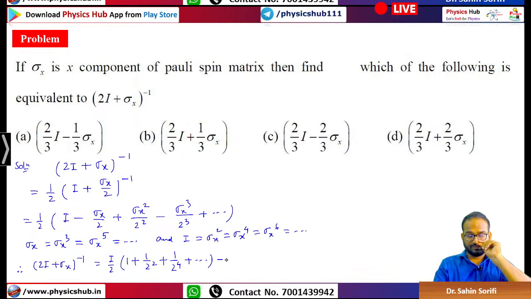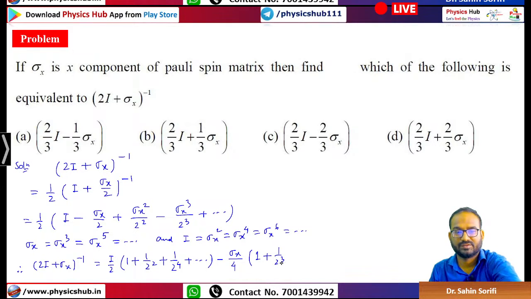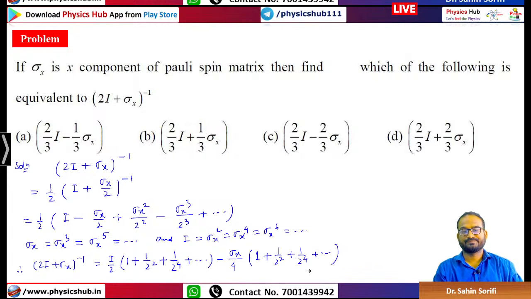Now minus sigma x by 2 you are taking common, so sigma x by 4, and what are you getting? 1, meaning identity. Next sigma x square by 2 cube, with one 2 taken common, so 1 by 2 square. Now sigma x to the power 5 by 2 to the power 5, so we will have 1 by 2 to the power 4 and so on.